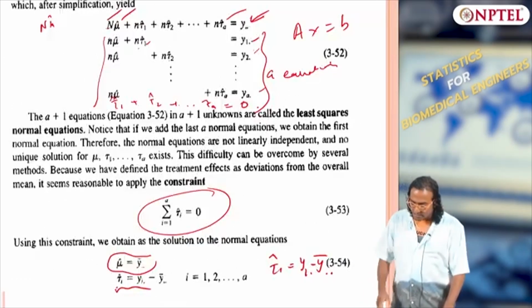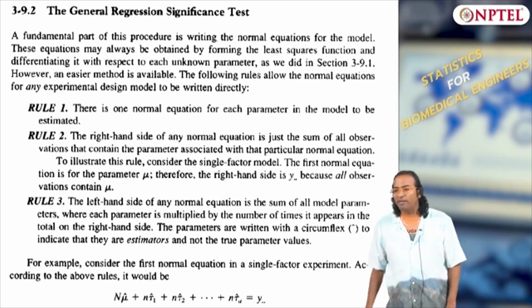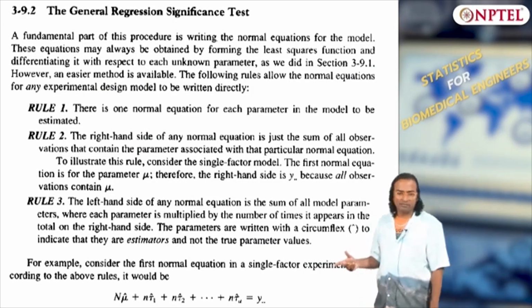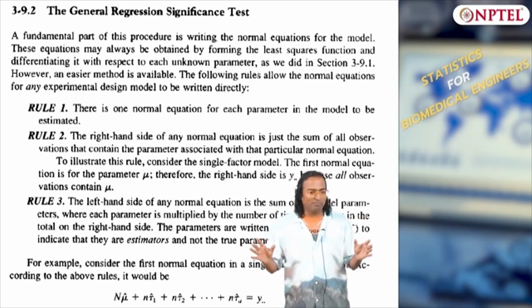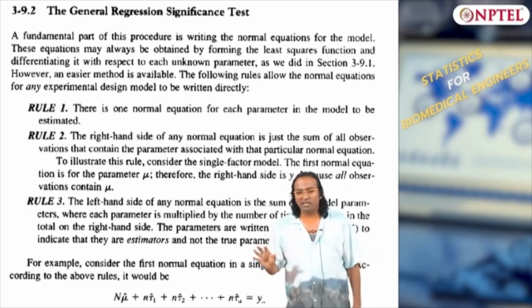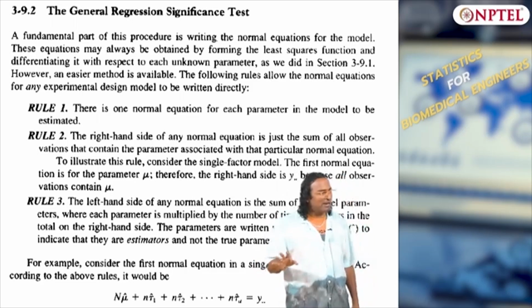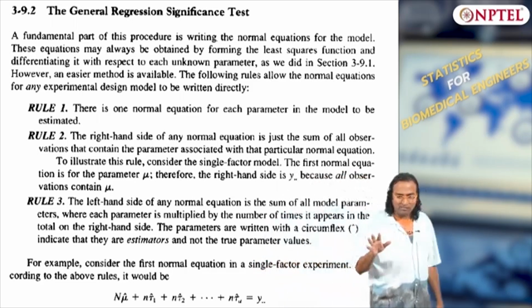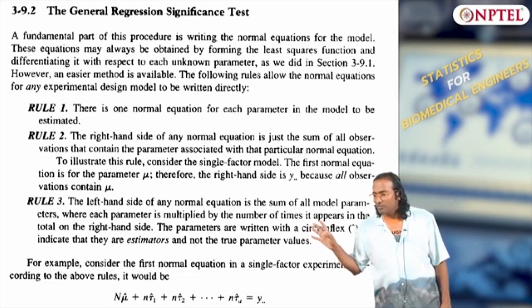The a plus 1 equations you can simply write out without differentiating, using simple rules. This is applicable for any linear regression problem. Going forward, I will not differentiate, I will use these rules to write down the normal equations.